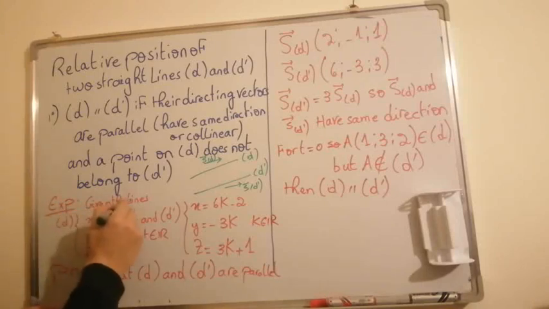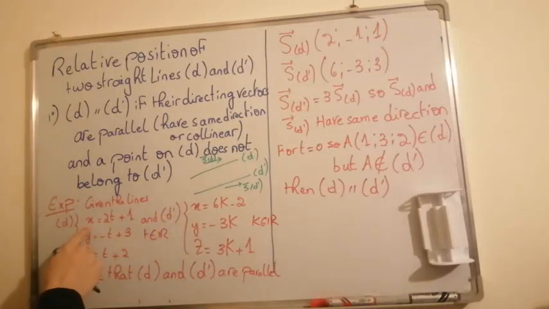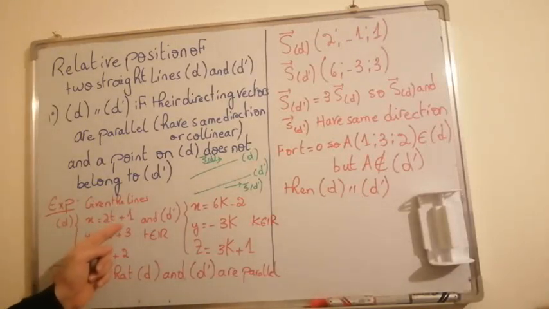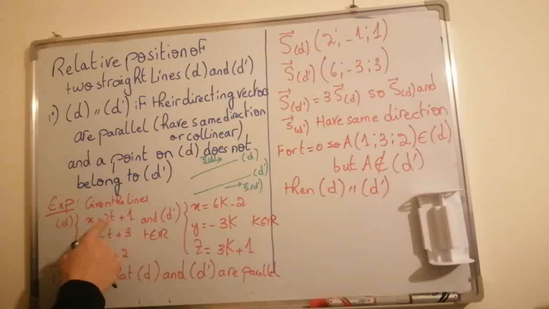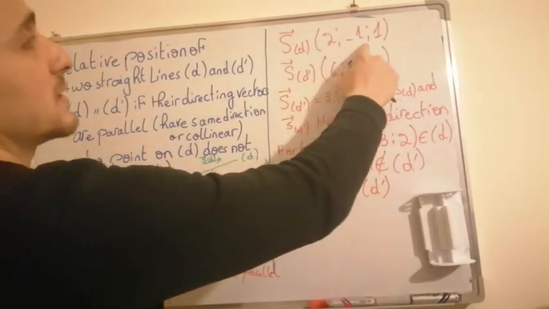Example: given the lines D and D prime, the equation of the straight line D is x equals 2t plus 1, y equals minus t plus 3, and z equals t plus 2. So the direction vector of this line is (2, -1, 1).